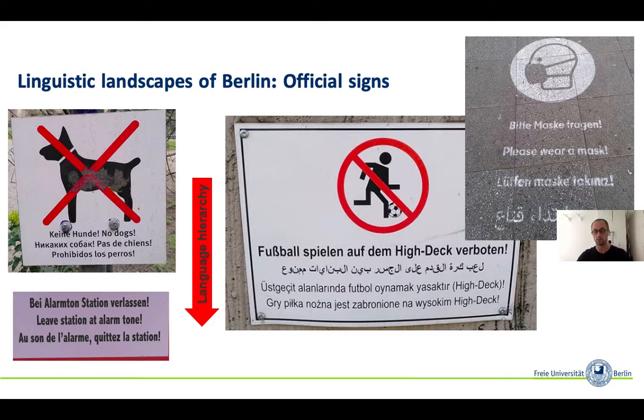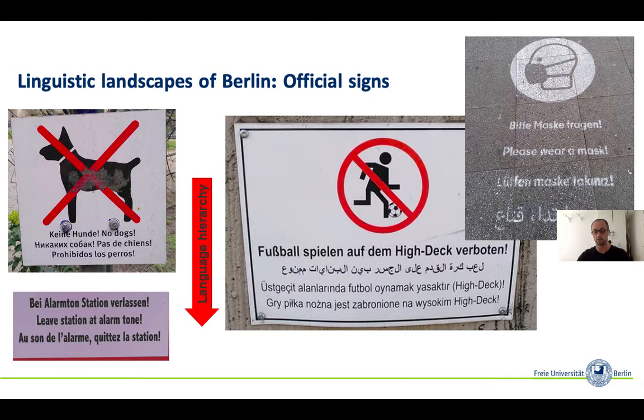And that's the metro station Unter den Linden. And then, for some reason, on the sign that no dogs are allowed, and this is in Torstraße in Mitte, there are again English, German, Russian, French, and Spanish.